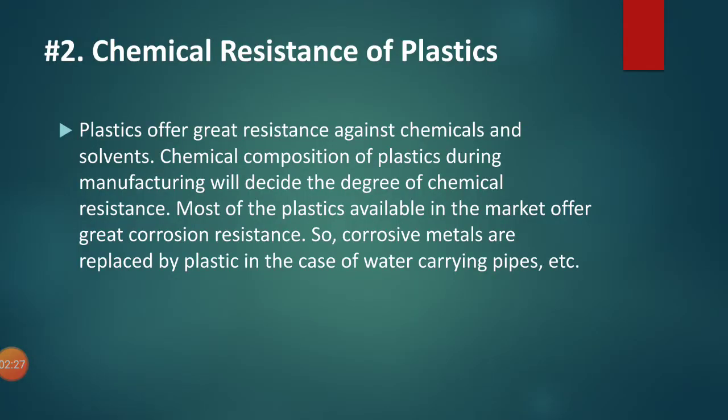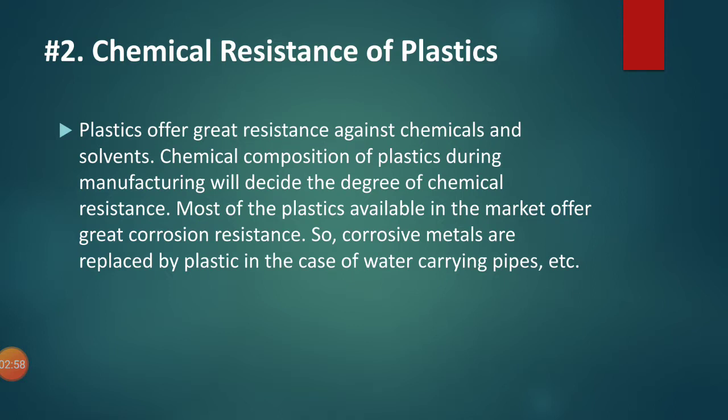Number two, the chemical resistance of plastics. Plastics offer great resistance against chemicals and solvents. Chemical composition of plastics during manufacture will decide the degree of chemical resistance. Therefore, during the manufacturing process, certain additives may be added to alter the properties of plastic to make it more resistant to certain chemicals.